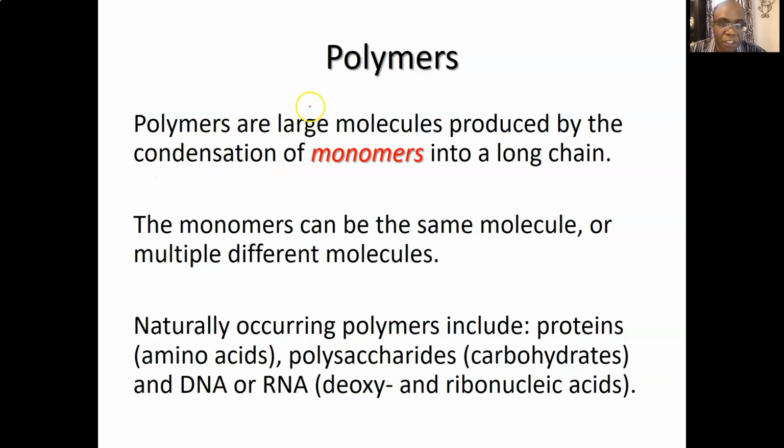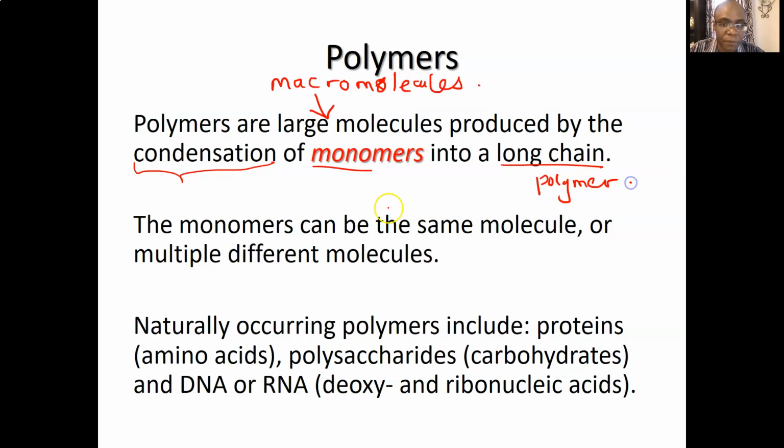Alright, so polymers are large molecules. They fall under the class called macromolecules. Macro meaning big or large. They are produced by joining or condensation of small units called monomers, mono meaning one, into a long chain which we call a polymer.